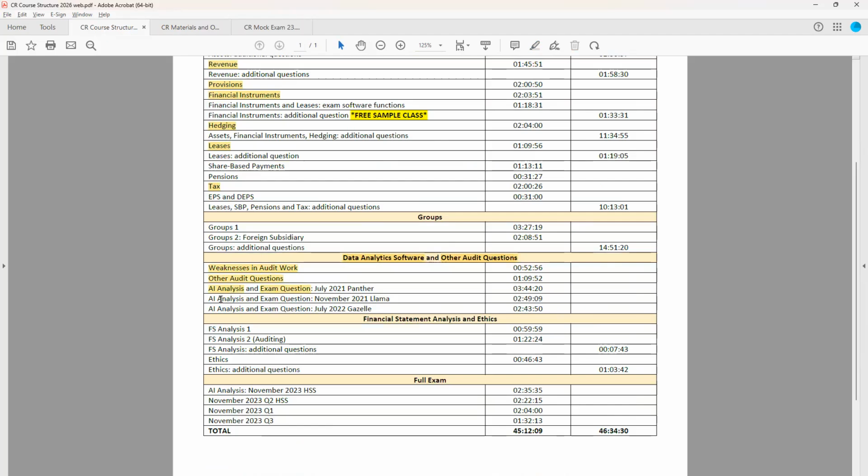So I'll work through a few of these questions so you can start to see the similarities between the questions, and you can see that even though they're based on different businesses and therefore they've got different financial reporting and audit issues, actually the approach that you take is the same every time.